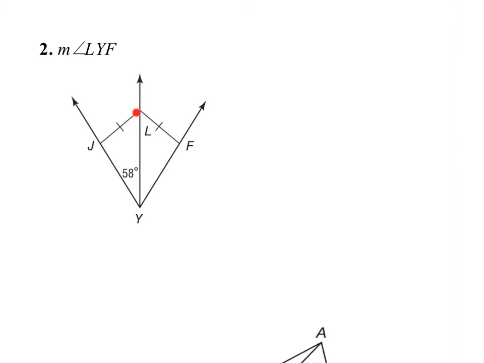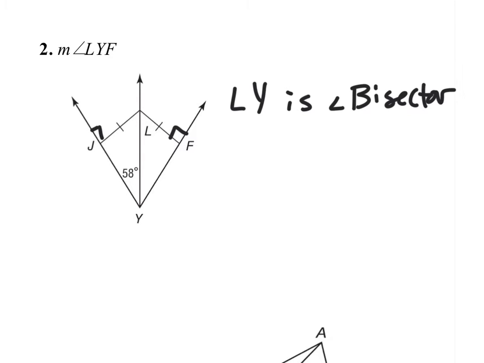So if those two values are congruent, then I know that we make a perpendicular line right here, and a perpendicular angle right there. Then I know that LY is an angle bisector of angle JYF.